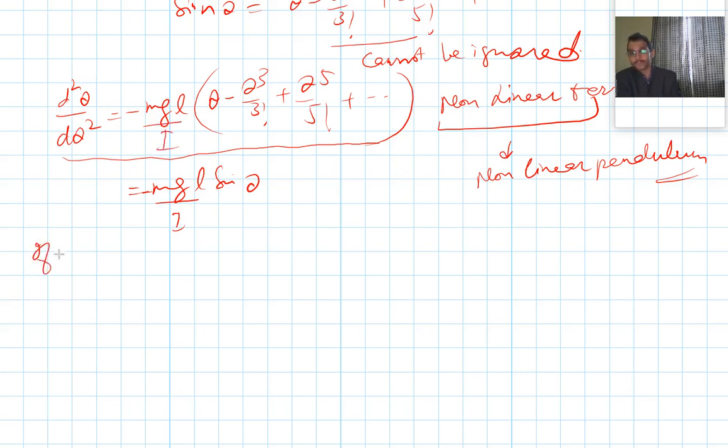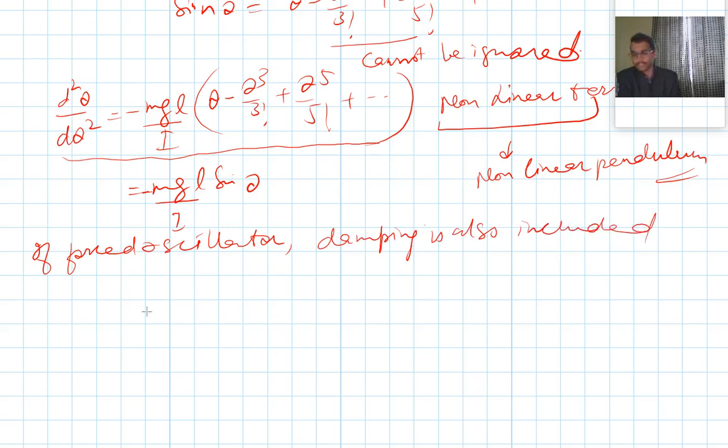But if it is a forced oscillator and damping is also included, then this equation will take the form d square theta over dt square is equal to minus mgl over I sine theta minus beta over I d theta by dt.